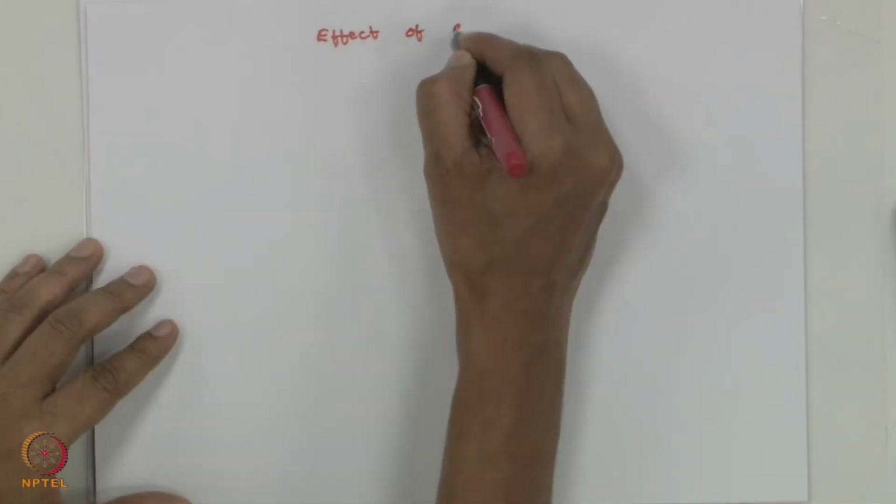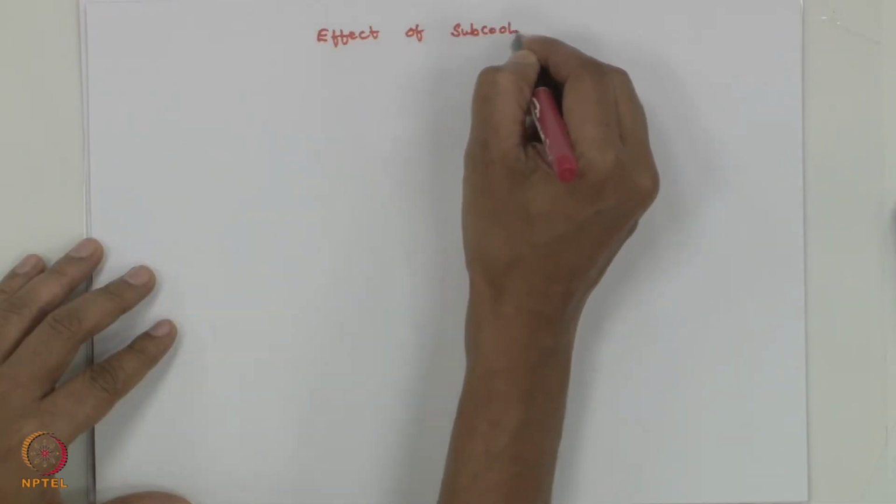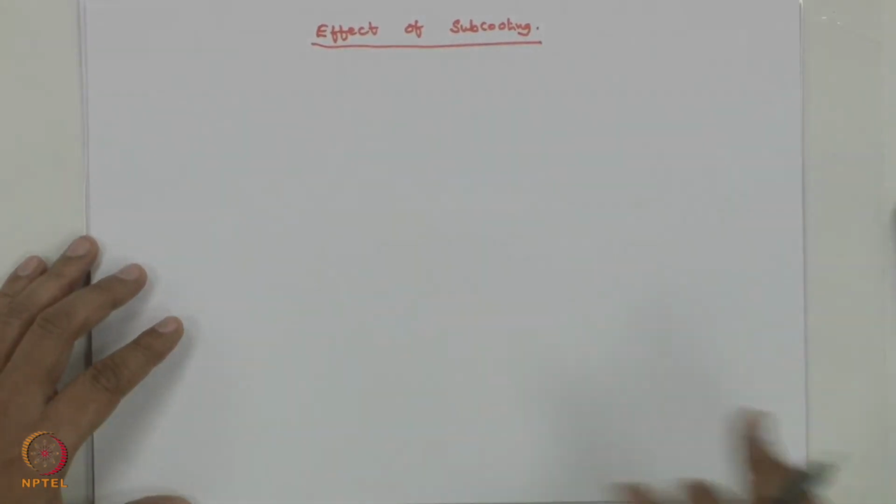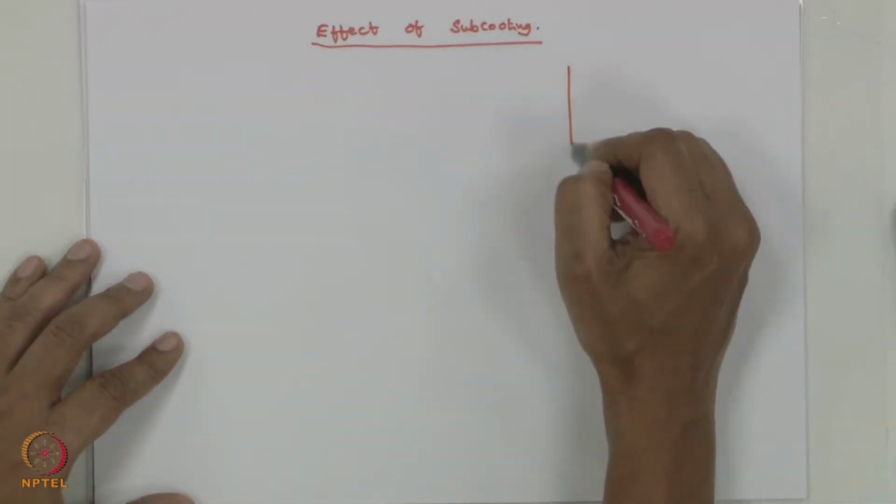Now, let us take up the effect of subcooling. If we take the effect of subcooling, the temperature profile is going to have curvature. If you recollect, I had plotted temperature versus x to have a curvature, but I had taken it linear.